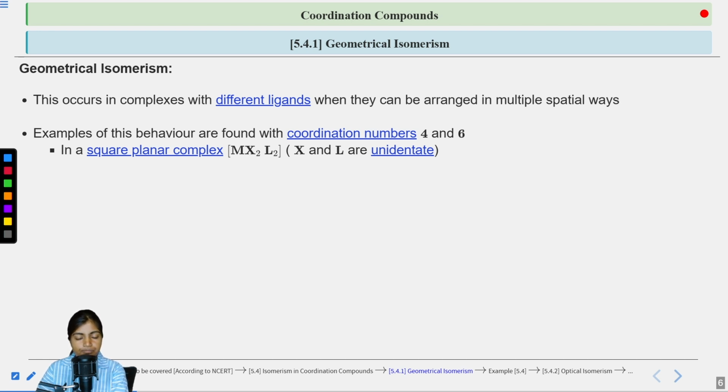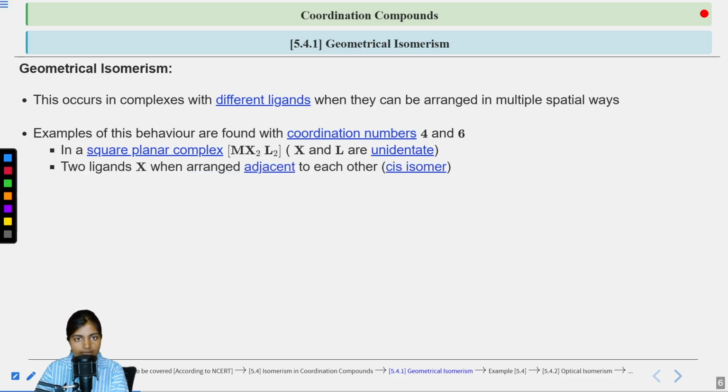Coordination number refers to the number of ligand donor atoms present around the central metal in a complex. So if the ligands are 4 or 6, generally in those complexes we can see geometrical isomerism. Here in a square planar complex we have taken the type MX2L2, where M is the central metal, and X and L are different unidentate ligands, that means only one donor atom is present in each ligand.